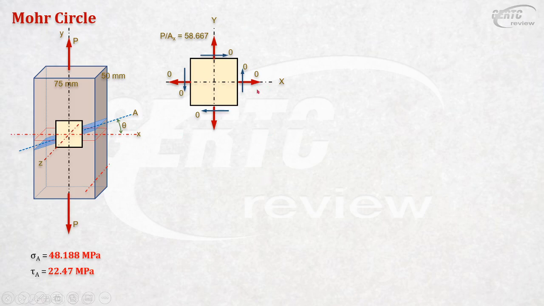Next, we will plot these stresses in the sigma tau axis. Sigma along horizontal axis, tau along vertical axis. So when you plot, you must have points. Now, what points are we going to use? The points must be, of course, sigma tau ang kanyang coordinates. Horizontal, sigma, vertical, tau. Now, along X, your sigma is 0, your tau is 0.